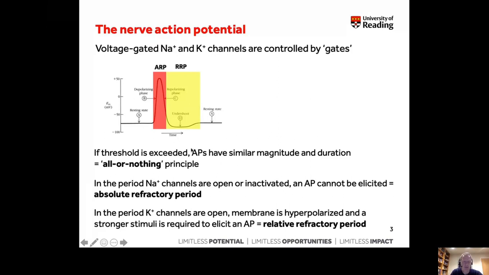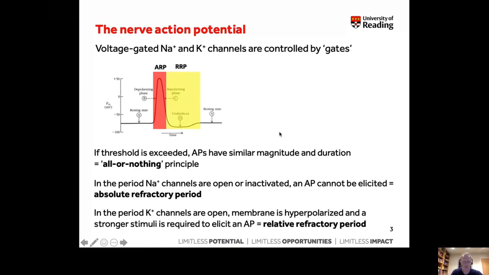But if we put stimuli into the system, we can force the sodium channel out of its inactivated state and allow it to open again. So again, really just for completeness, you might hear about the absolute refractory period and the relative refractory period later on in the course.